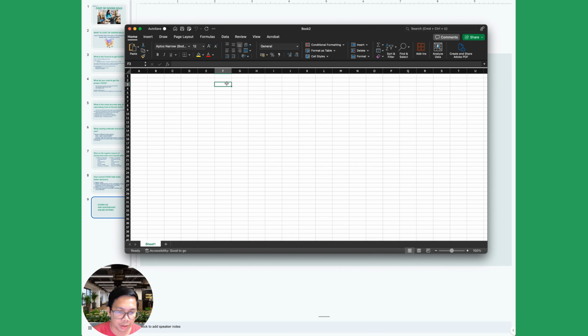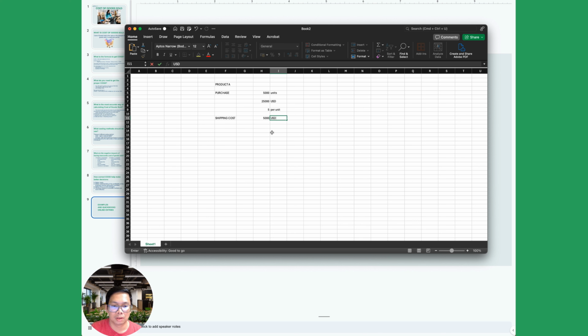So for example, you have product A, and you purchase 5,000 units, and the cost of the 5,000 units is $25,000, and that will be $5 per unit. The seller ships the products that you purchased and you incurred a shipping cost of 5,000 USD. So you will have a shipping cost per unit of 5,000 divided by 5,000 units.